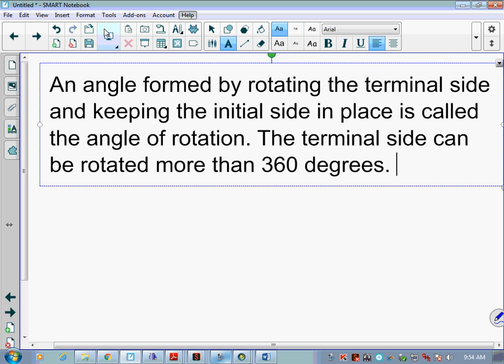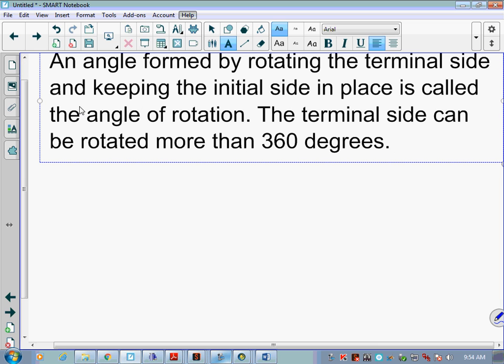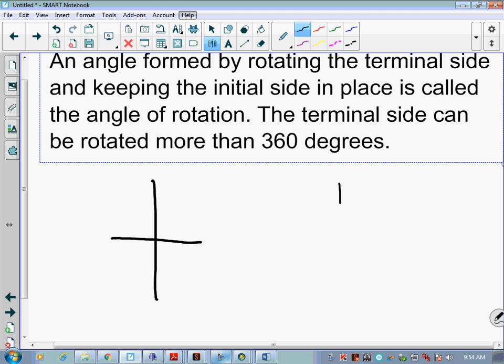Now, you should see in that chart below it some more information, and we're going to talk about that here. We're going to talk about angles of rotation. I'm going to try to keep this consistent so our initial side stays here.